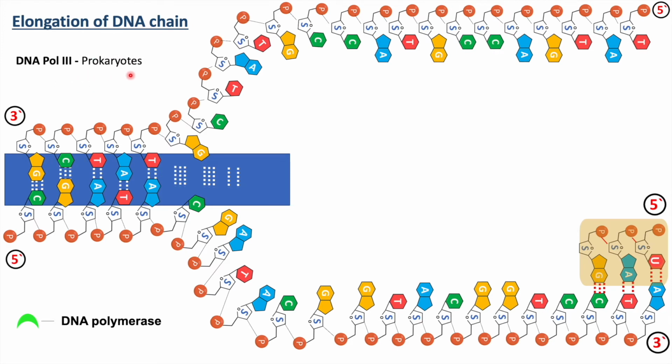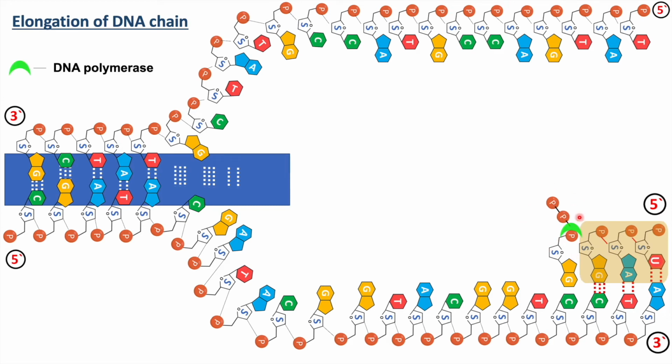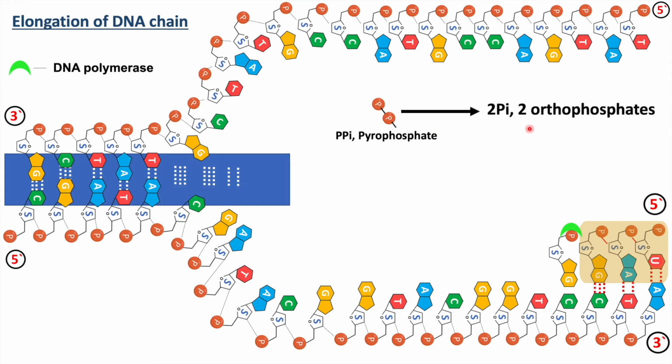So now let's see how DNA polymerase elongates the new strand from here onwards. DNA polymerase III in prokaryotes is responsible for elongating this DNA chain. DNA polymerase brings in this nucleoside triphosphate, and it will cleave the two phosphate groups, which are called pyrophosphate, and subsequently this pyrophosphate is converted into two orthophosphates, and this is actually the powerhouse of the energy.